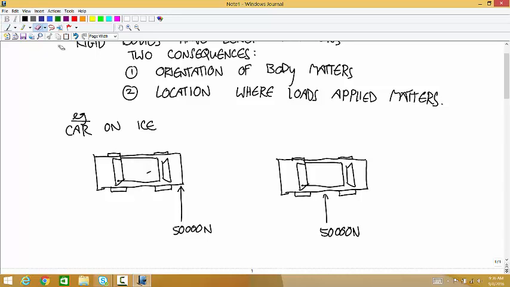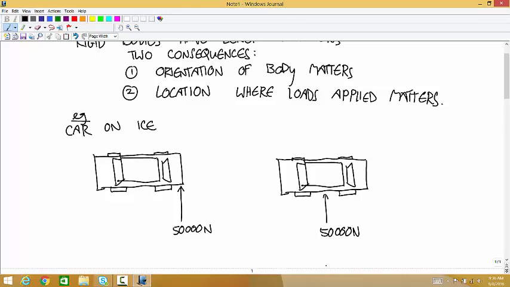Well, thinking of this as a particle, the resulting motion is exactly the same. Newton's second law says add up all the external forces. That's equal to the mass times the acceleration of the center of mass. But you know intuitively that the motions are going to be different.